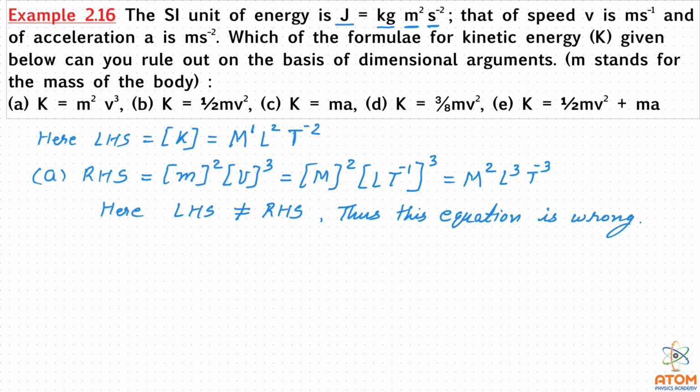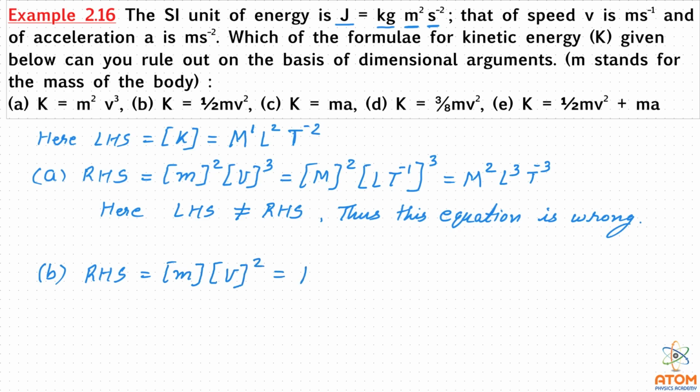Now let us see the second equation B. Here K is equal to 1 half mv square is given. So the right hand side will have 1 half mv square, in which this 1 half is dimensionless. It's a number. So we'll start from m, the dimensional formula of mass small m, and then dimensional formula of velocity and square.